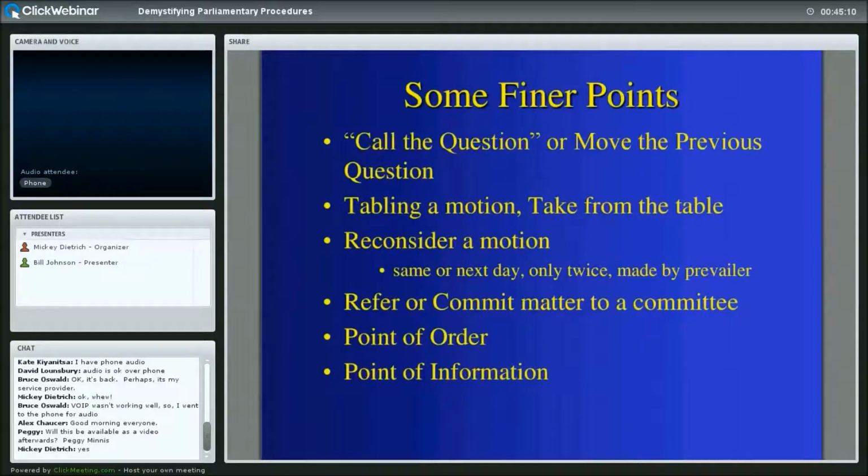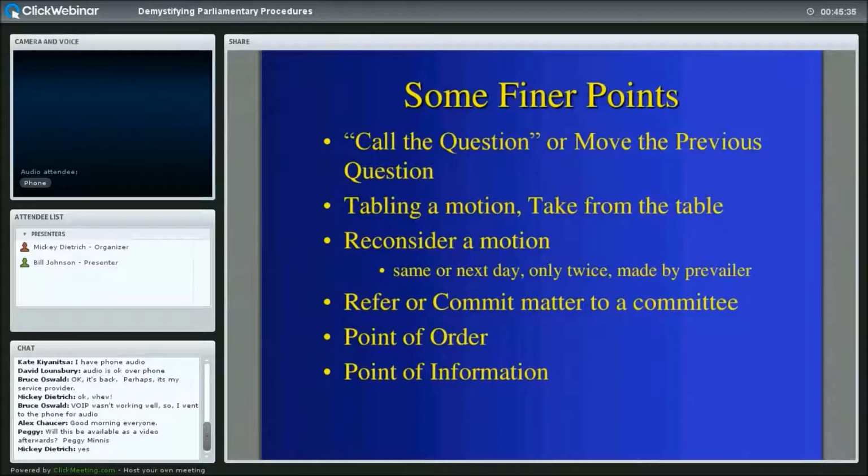All right. So here are some points that can make things move a little more quickly. If you want the vote taken, that is, you want to end debate, the motion to end debate is sometimes referred to as calling the question. This happens a lot in meetings. The debate will be ongoing, and somebody in the group thinks we've had enough debate.